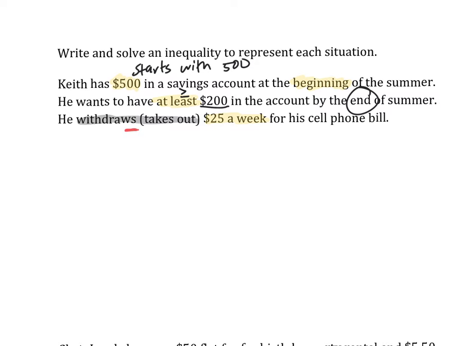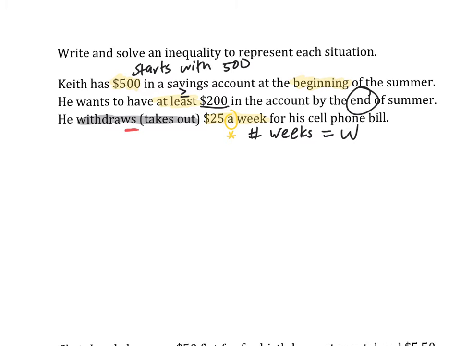And we know that per week means we're going to multiply. We're trying to figure out how many weeks he can do this for, so weeks, the number of weeks, is going to be our variable W.